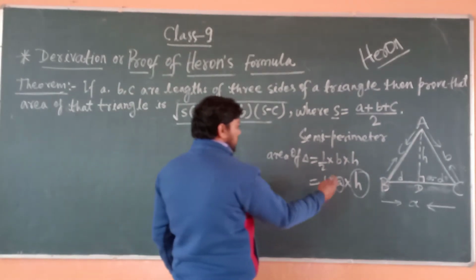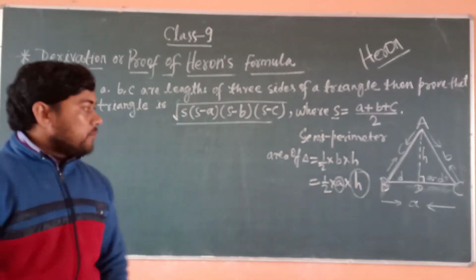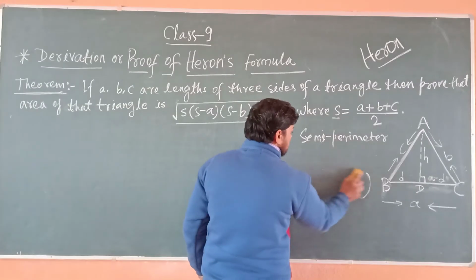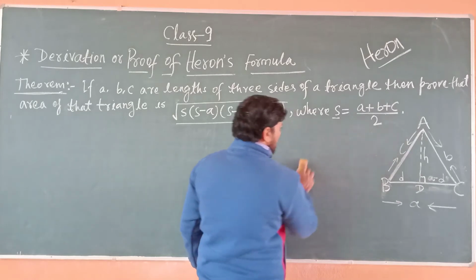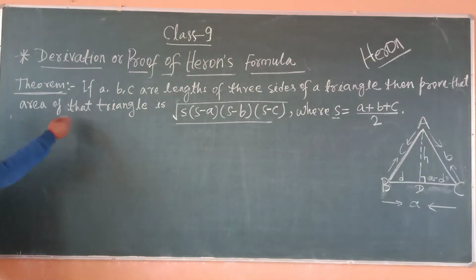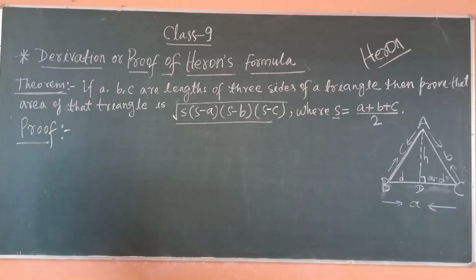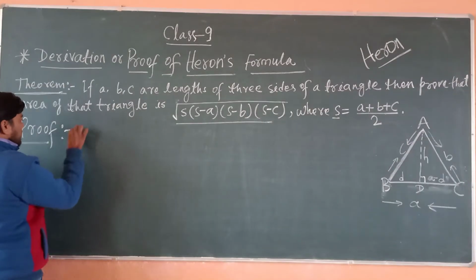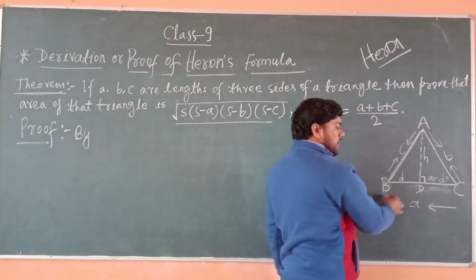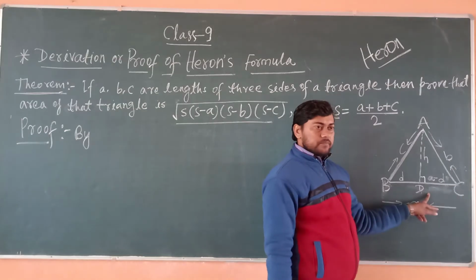We do not know. So first we have to find the length of height by Pythagoras theorem. See, triangle ABD and triangle ACD are right angle triangles.